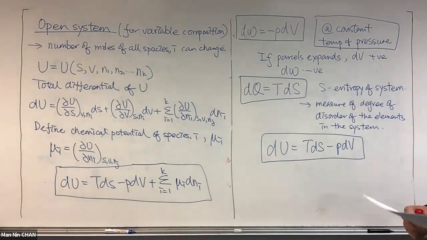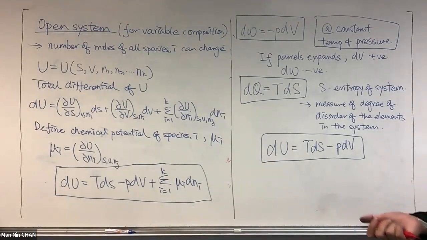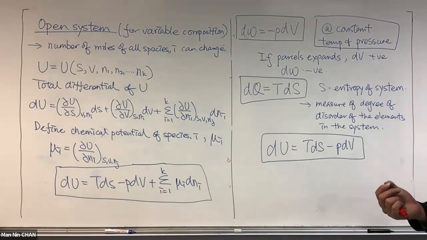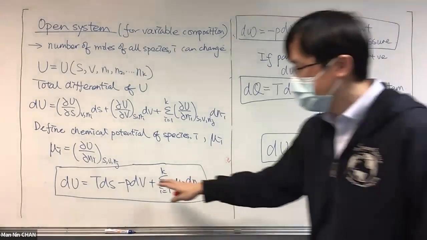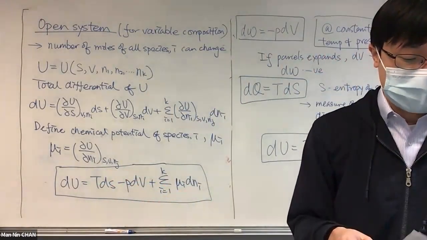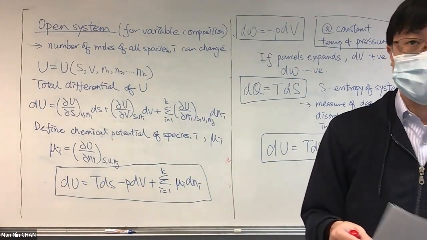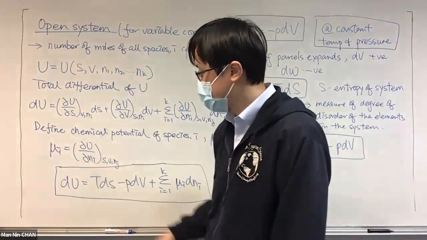Therefore, for atmospheric science, we want to measure temperature and pressure, which is easier. So we're going to make a little change in this equation to parameters that are much easier to measure, to look at how the energy of the system changes.